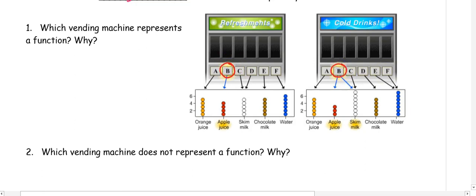Remember that we need to have a unique value. So every time we do an input of pushing the button, we need one output that we can expect to happen. So the refreshments machine is a function because each button is assigned one output.